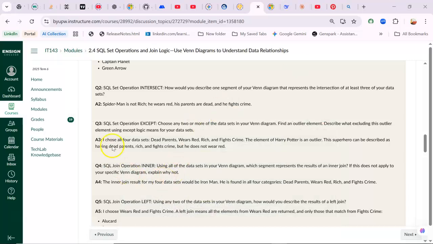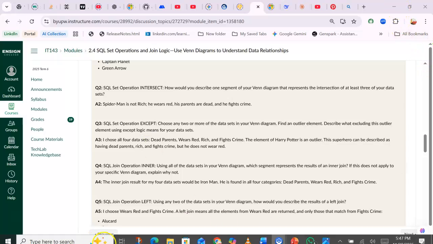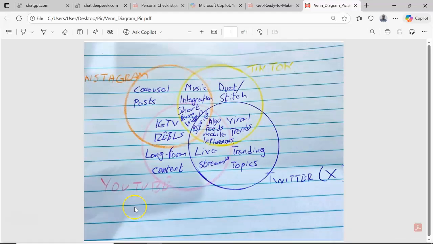Another question is the except. Duet is only on TikTok, so TikTok except Instagram shows the unique feature.